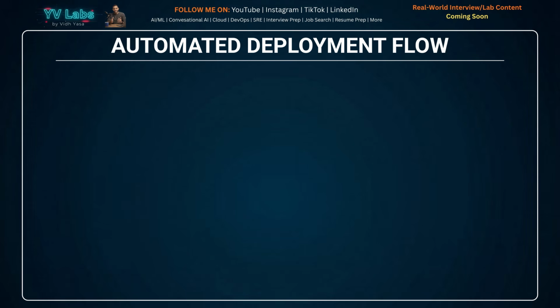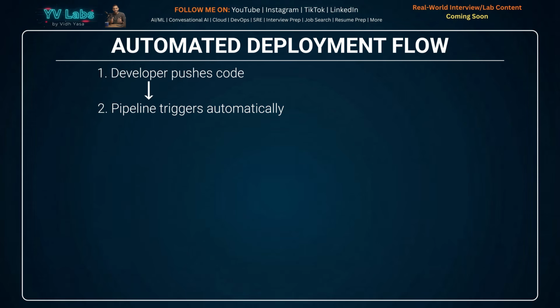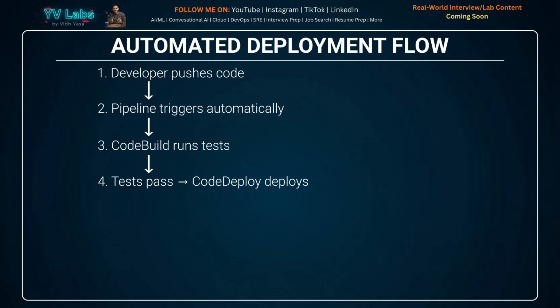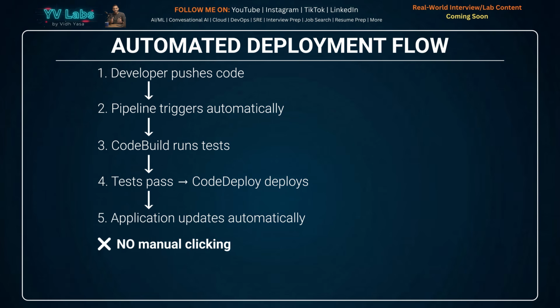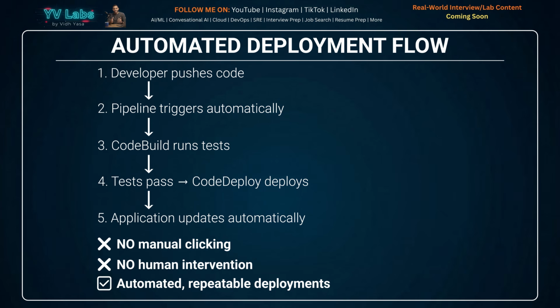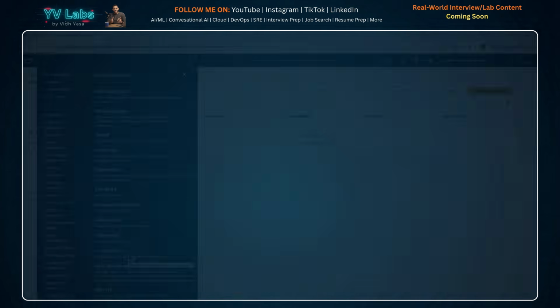As an example, the flow is developer pushes code, pipeline triggers automatically, CodeBuild runs tests. If tests pass, CodeDeploy deploys, application updates automatically. No manual clicking, no human intervention, just automated, repeatable deployments.